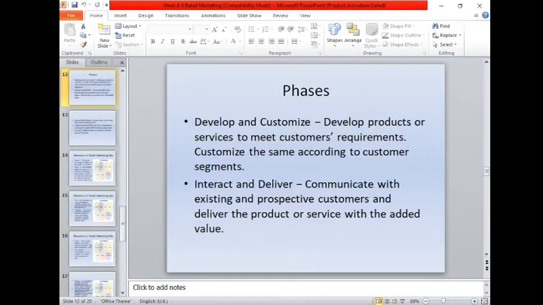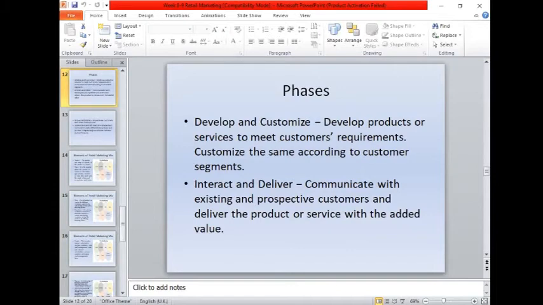So what are the phases of the customer relationship management? The first is develop and customize. We should develop the products to meet the customer requirements. In retail, if we apply develop and customize, those products are developed by means of a sales promotion.